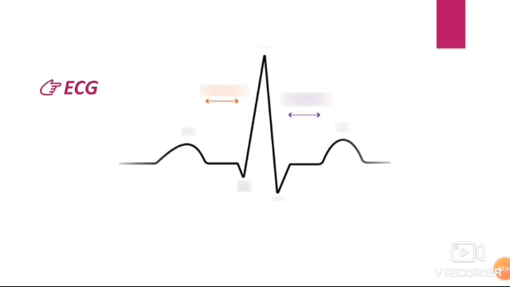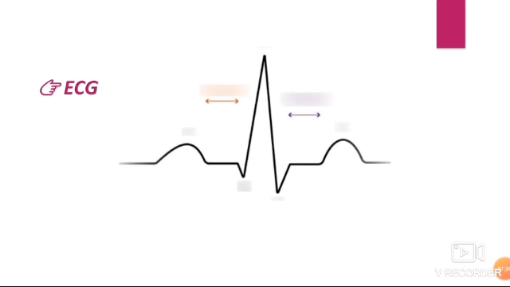ECG stands for electrocardiogram. It is a graphical representation of the electrical activity of the heart during a cardiac cycle. The machine is known as electrocardiograph and the graphical representation which we obtain is known as electrocardiogram.